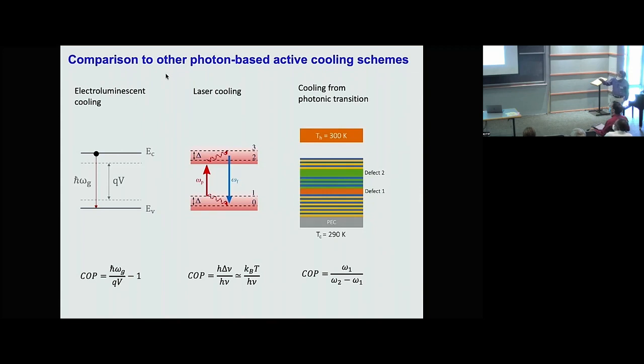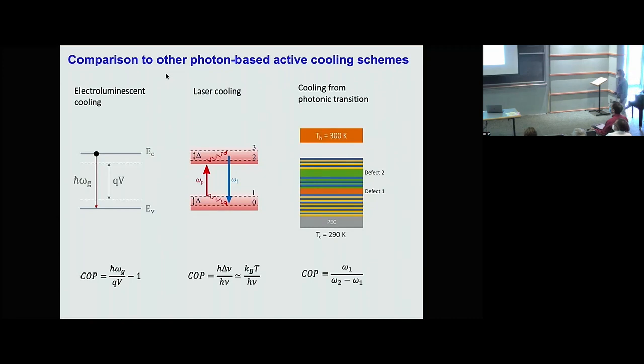Alternatively, the experimental progress has been largely concentrated in laser cooling. In these systems, the coefficient of performance is in fact relatively low because the anti-Stokes photon and the pump photon frequency difference are relatively small.